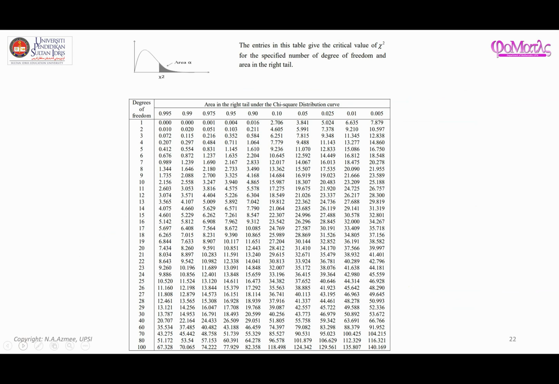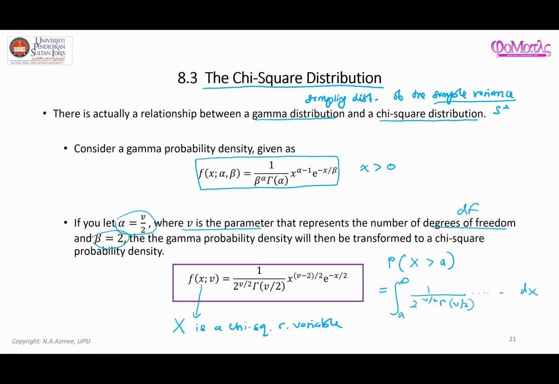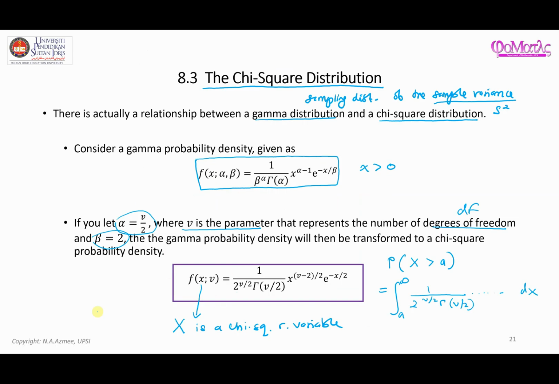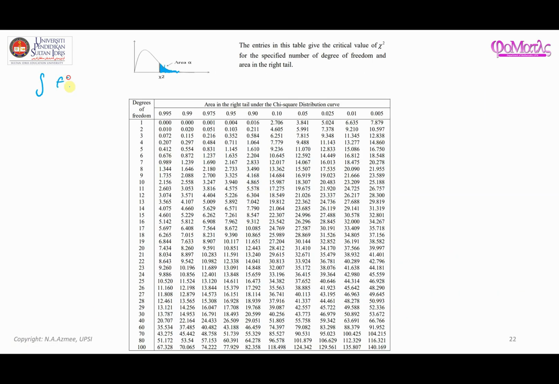This is the table that has already done certain calculations related to this integral given here. This table gives the area, which means this is the probability really. So what it does is integrate the function that you see here, f(x) dx, from a value.